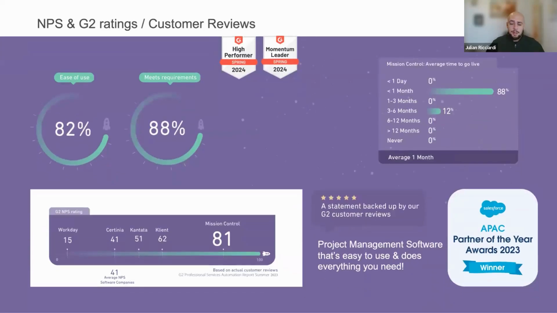In terms of our customer reviews, if you were to go on the App Exchange, our reviews are jokingly good. It means that a lot of our customers really appreciate our solution and also the team behind the solution. I think a lot of that plays into those first moments together where we help you get set up.